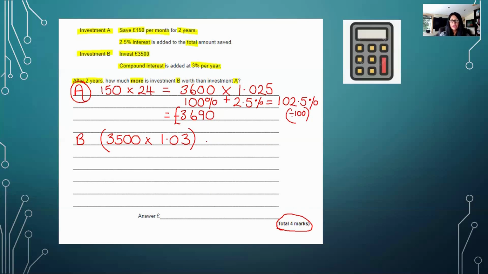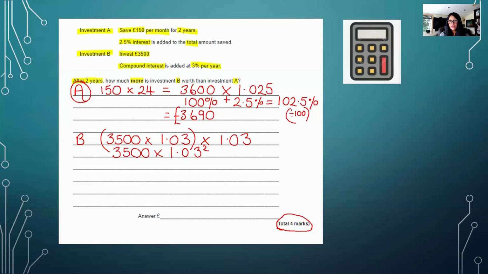So that's my first year. And then for my second year, I want to find this amount and I want to add on 3% of that amount. Now I'm timesing 1.03 by itself. So the quicker, shorter way to write it would be 3500 times 1.03 to the power of 2. Because we're timesing a number by itself, we're really squaring it.